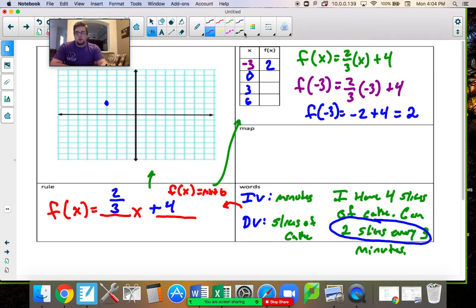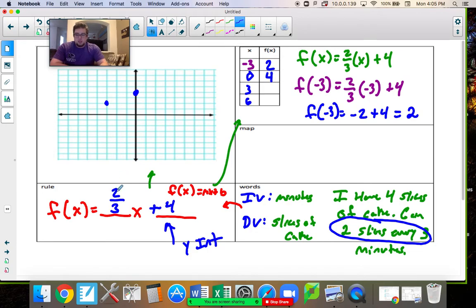The other way we can do it, probably the faster way, is to graph this equation right from where we are. Since we know this is the y-intercept, we know our graph is going to start 1, 2, 3 right here, because the y-intercept is 0, 4.